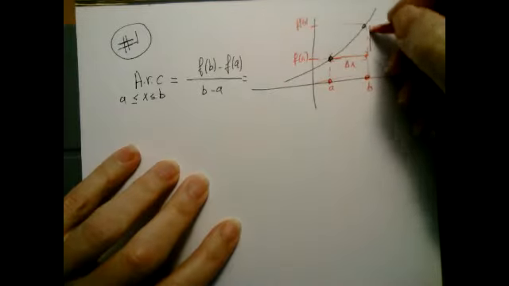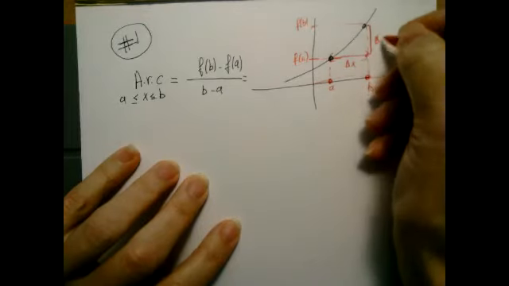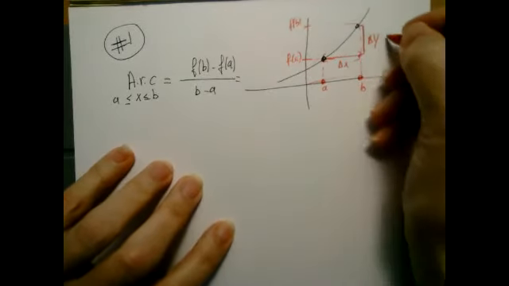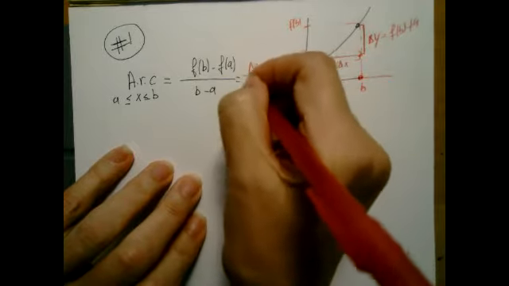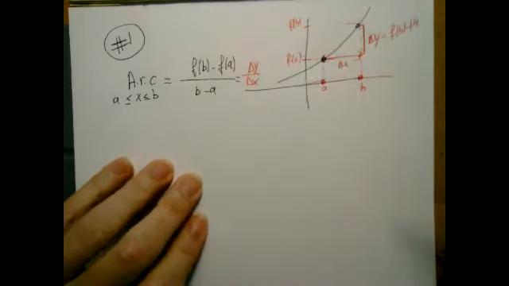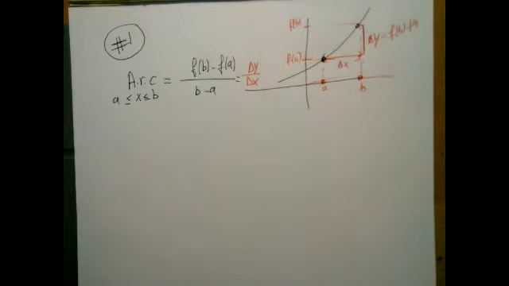This right here is my delta y, the change in output. So this is delta y over delta x. That's the picture for delta x, the picture for delta y, and the definition of average rate. And all the questions should be around that.